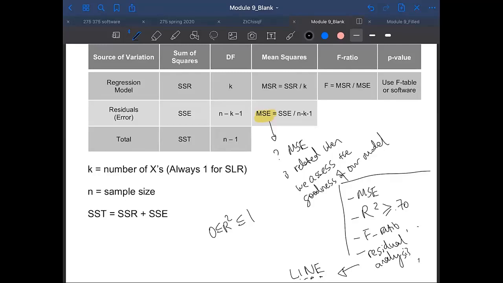So there are 4 different methods to see whether our models are good or not. Mean square of error: we prefer a model with a small MSE. I think all of this is indicated clearly on the PowerPoint slides. We prefer a model with an R squared that's at least 70%. Sometimes 60% is good enough as well, right? There's no clear cut; it really depends on your discipline.